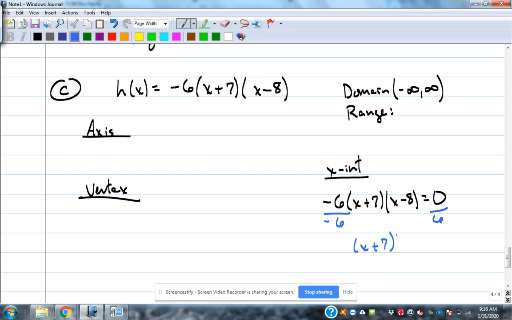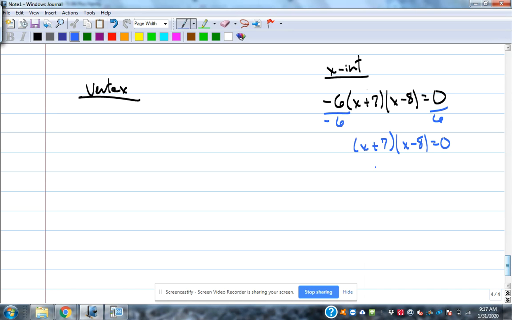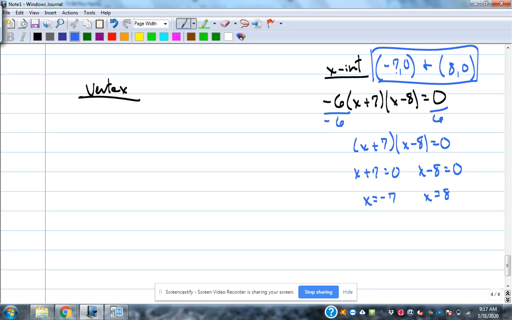And then what do you do with each of those factors? x plus 7 equals 0. x minus 8 equals 0. And so that gets us x equals negative 7, x equals 8. So the intercepts are (negative 7, 0) and (8, 0). So there's the x-intercepts.